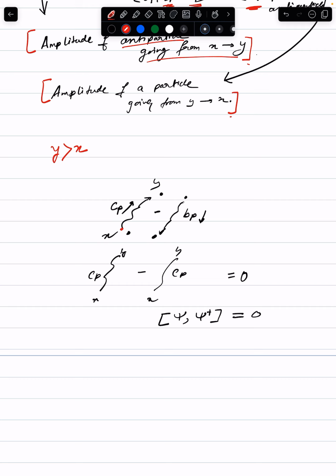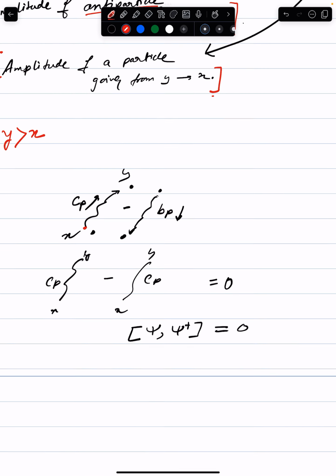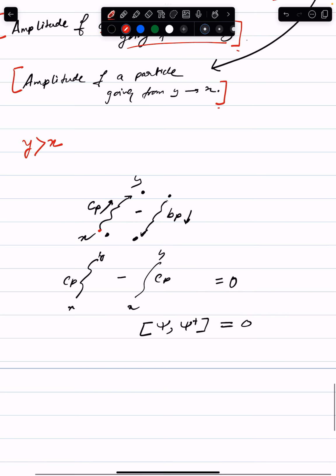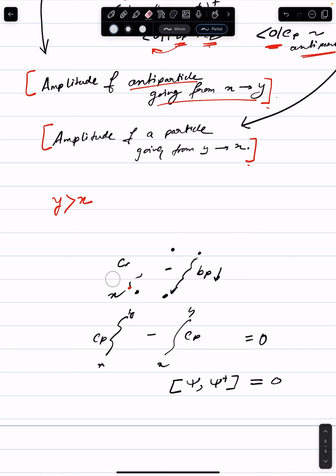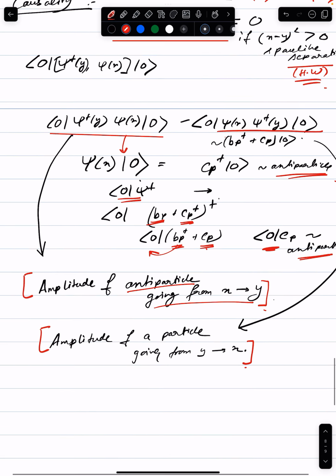So what we have is, when we look at the commutator, the two terms that are cancelling, which is this and this.